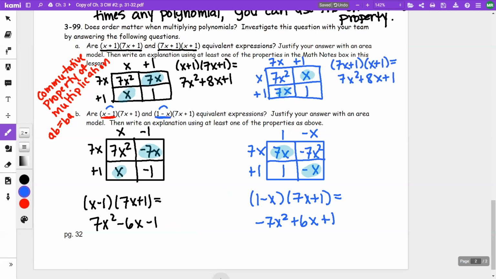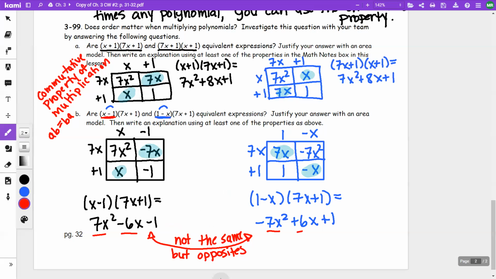These are not the same, okay? Not the same. They're actually opposites. Because if I made everything here opposite, the opposite of a 7x squared is a negative 7x squared.